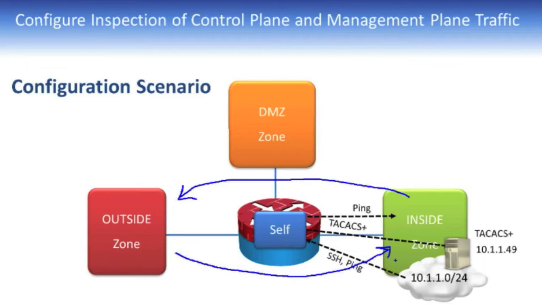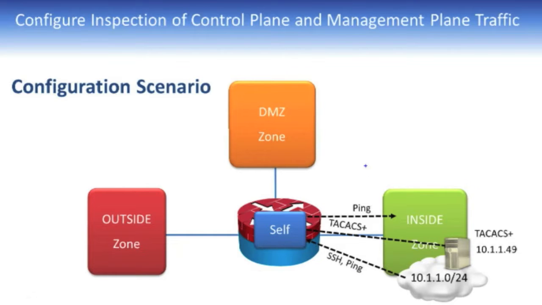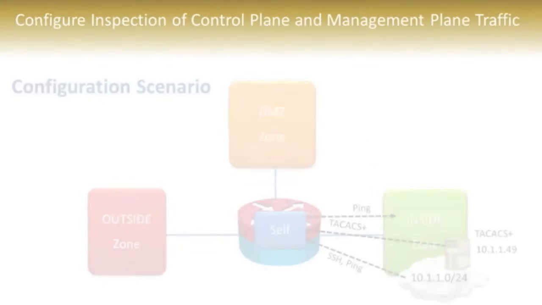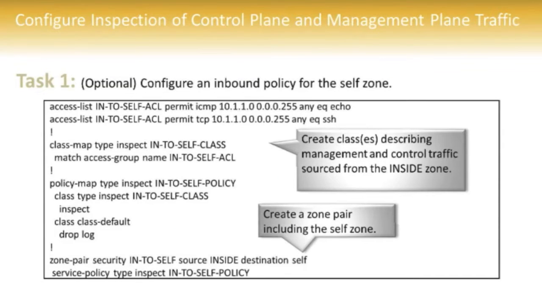What our configuration scenario here is asking is for us to do a bunch of manipulations for traffic either bidirectional from and to the device, or unidirectional either from the device or to the device. Well, it's easy. Look at how easy this is to do.